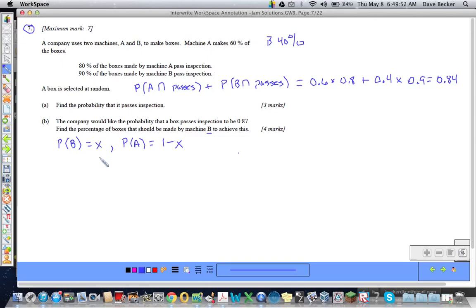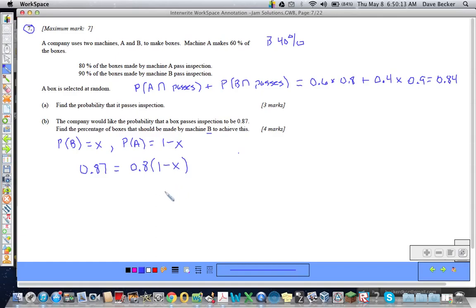We need to set up the equation now. We need 0.87, and we want that equal to 0.8 times 1 minus x. Where did I get that?